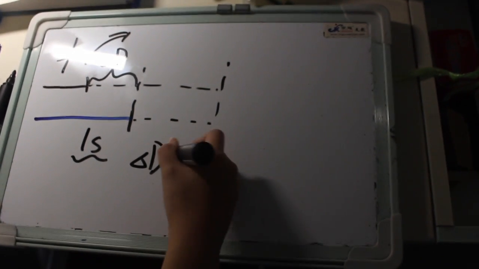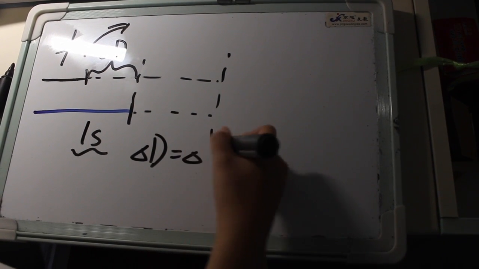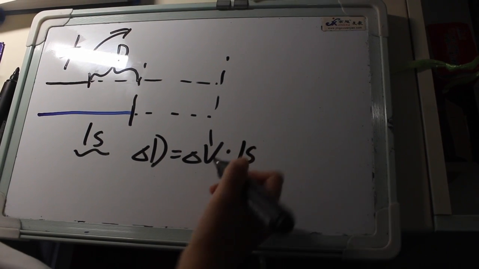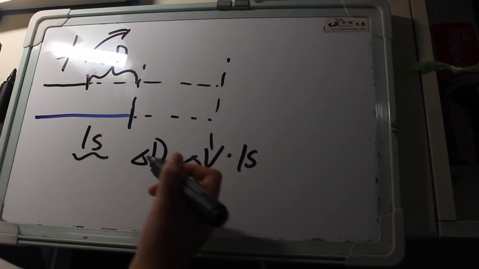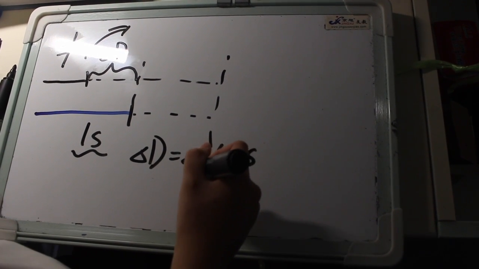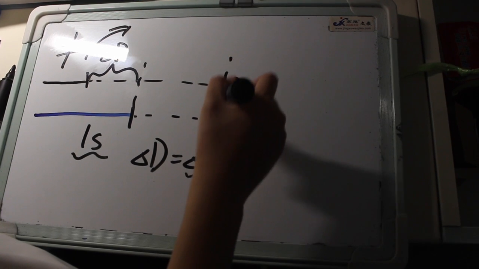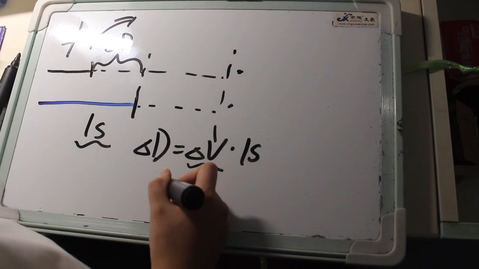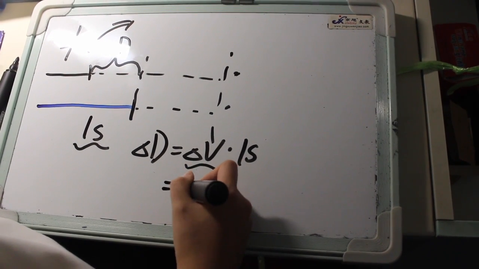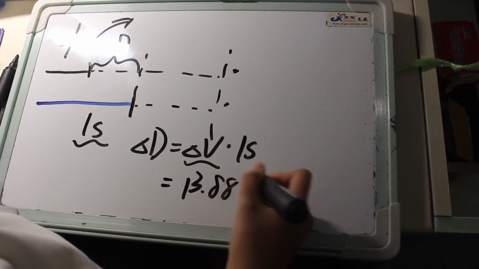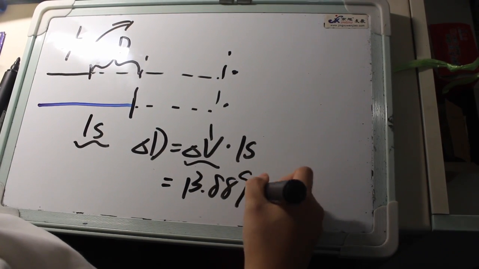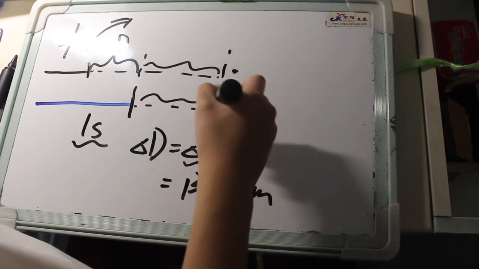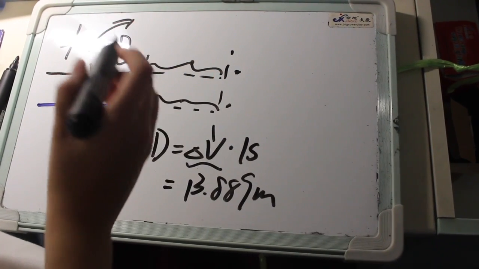The delta distance is equal to delta v times 1 s. The delta v is the difference between their speeds. And finally, we can get the answer that delta d equals 13.889 meters. And this part, they are the same.